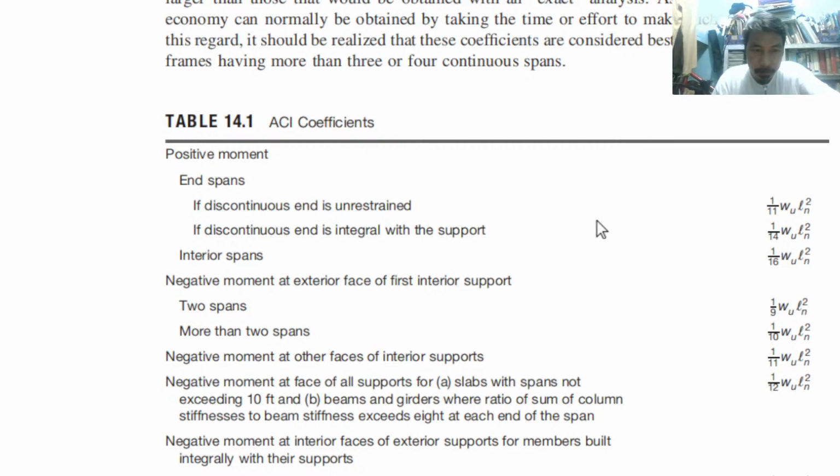Okay. So that is negative 1 over 9 and 1 over 10 for 2 spans and for more than 2 spans. What about at other faces of interior support? Meaning exterior face of first interior support, meaning interior face of interior support. What is the amount? 1 over 11.